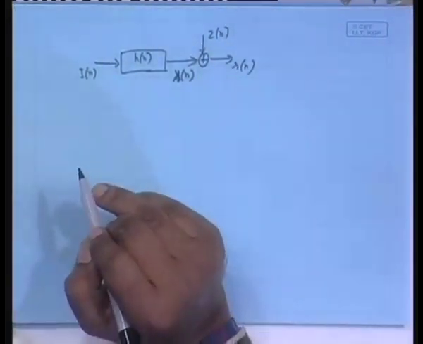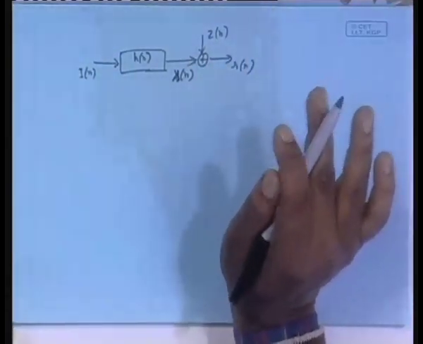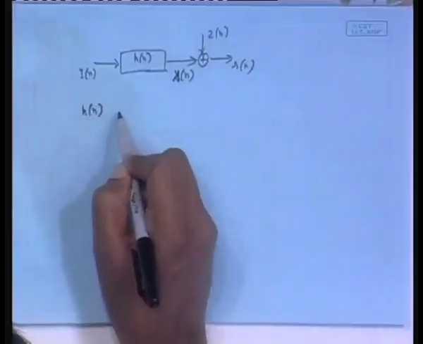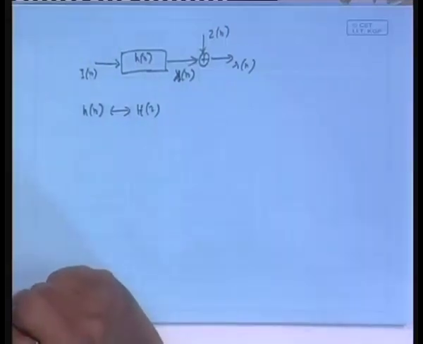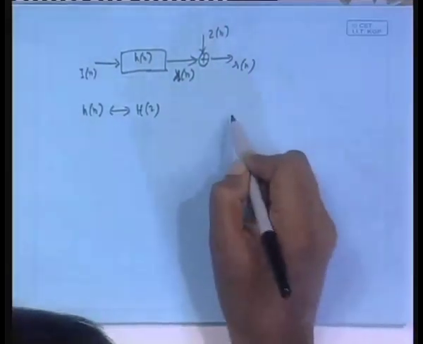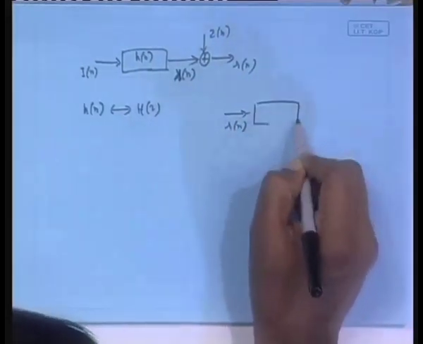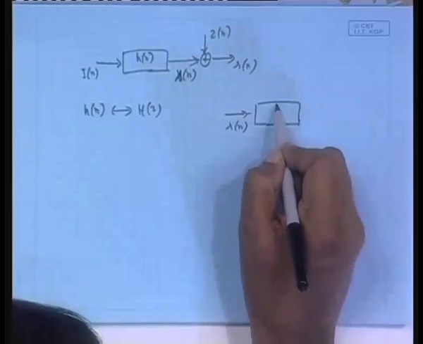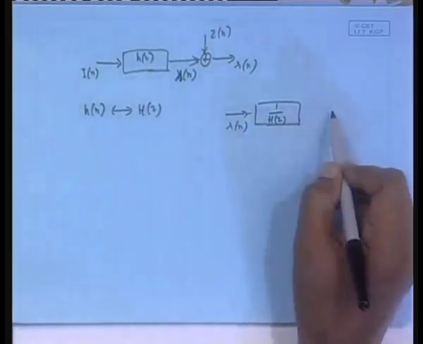For the time being, if you assume that Z n is not present, and H z is the Z transform of H n, then you pass R n through 1 by H z, and you should get back your I n.